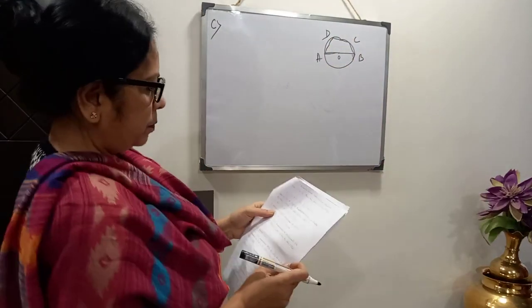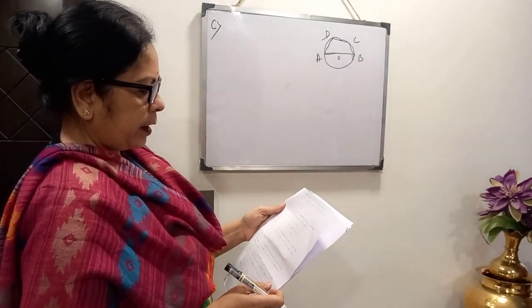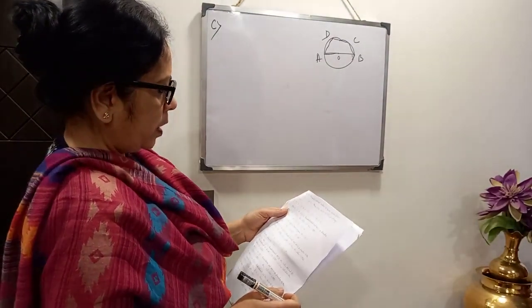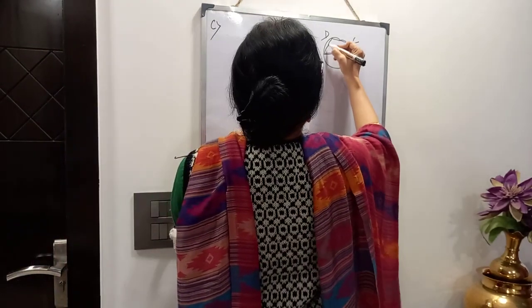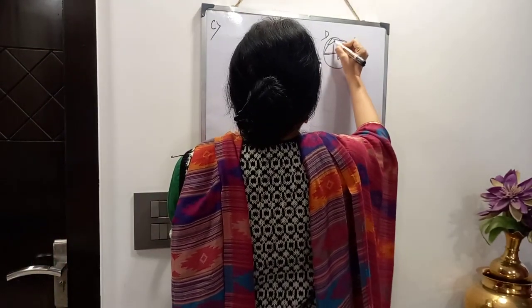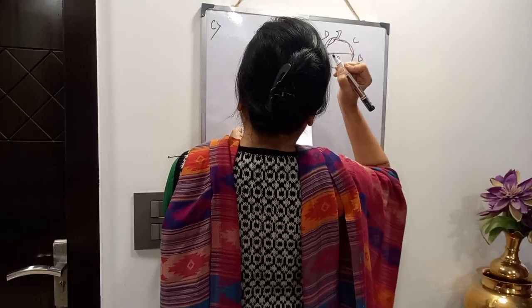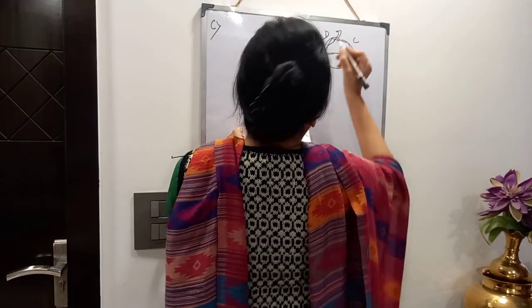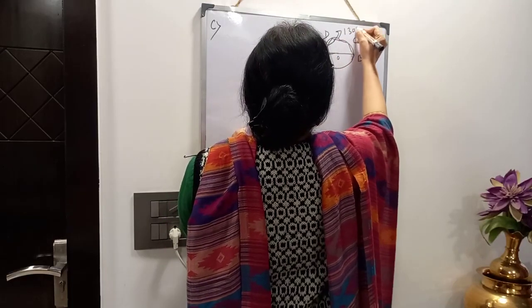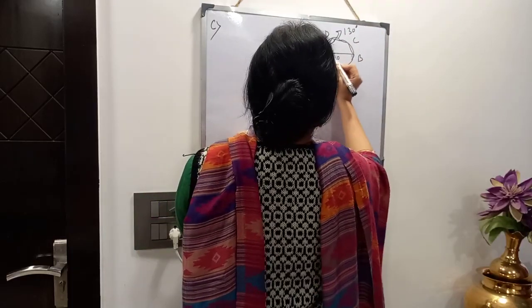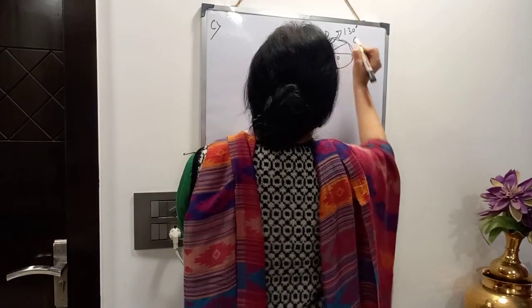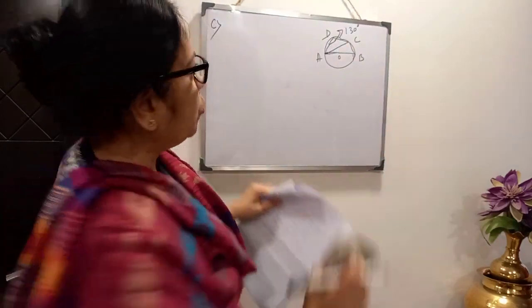This is the diagram. ABCD is a cyclic quadrilateral and AB is the diameter. If angle ADC, that means this angle, is given 130 degree, then BAC we have to find. Okay, I am drawing it properly.